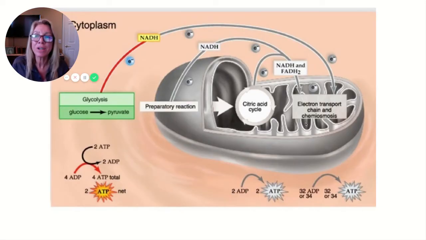But since we can't go into the mitochondria because we don't have oxygen, we need another way to oxidize this NAD so we can reuse it again in glycolysis. This is solved by the second step of anaerobic respiration, fermentation, and that's the part where you form the alcohol or the lactic acid.